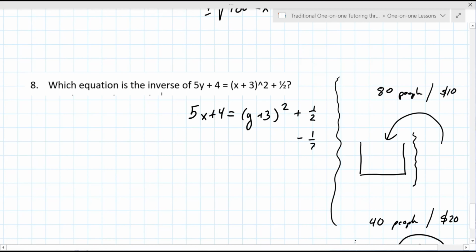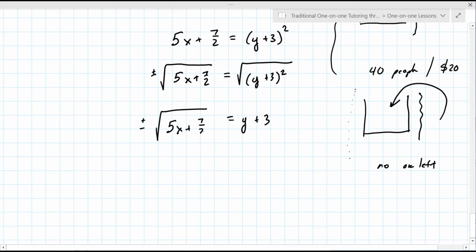All right, and so on the right, you get this y plus 3, and then you get this square root of 5x plus 7/2. And then finally, you subtract 3 from both sides. So you have y equals -3 plus or minus the square root of 5x plus 7/2.